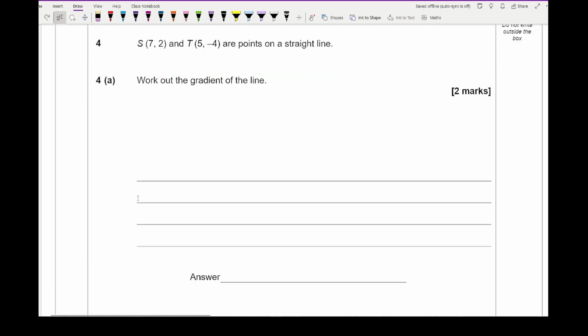Moving on to question 4, it says S has a coordinate of 7, 2, and T has a coordinate of 5, -4. Our points on a straight line, and for 4a it says work out the gradient of the line. So for this, what we need to do is recognise that m is equal to y2 minus y1 over x2 minus x1. And this is my x1, that is my y1, and this is my x2, and that is my y2.